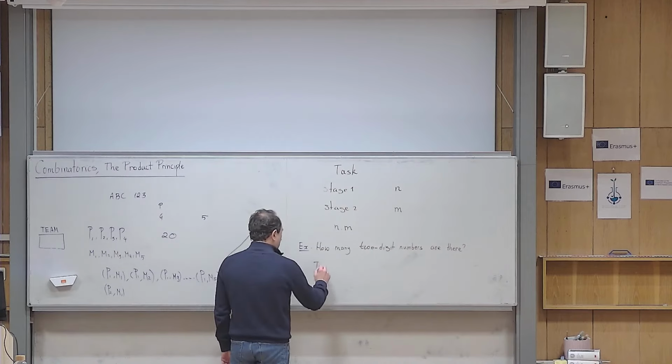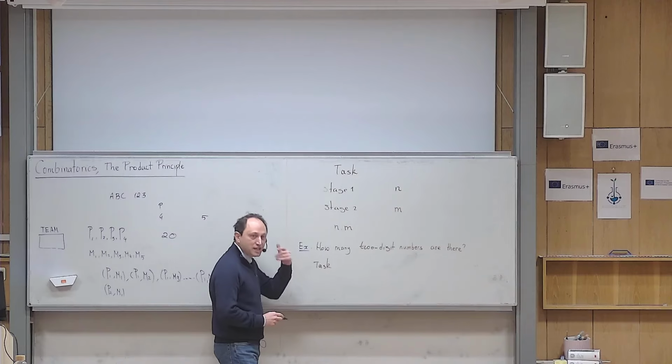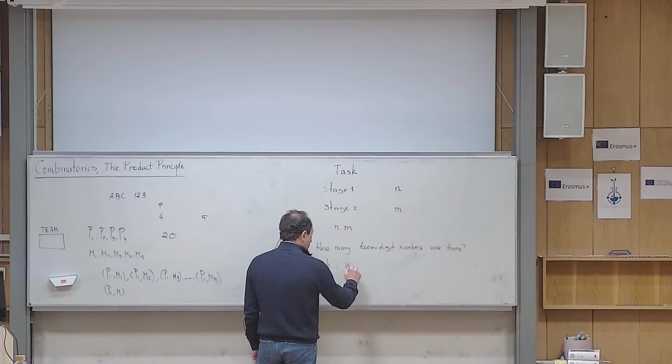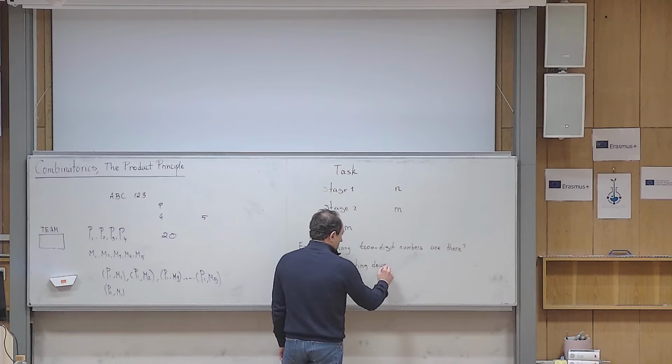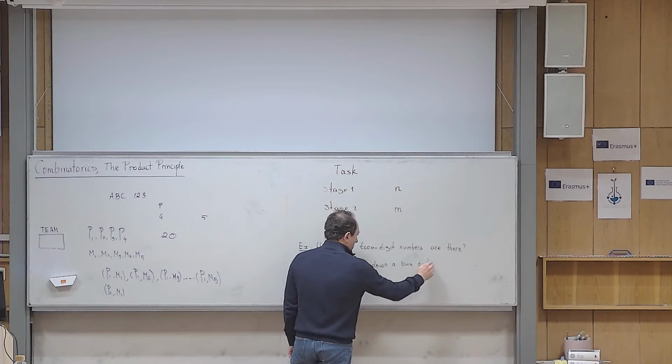So task, I don't want you to write this in the exam, but I want you to really think in this way, because this becomes a very serious problem for you if you don't get used to this way of thinking. So writing down, the first few examples, I will write them. Writing down a two-digit number.